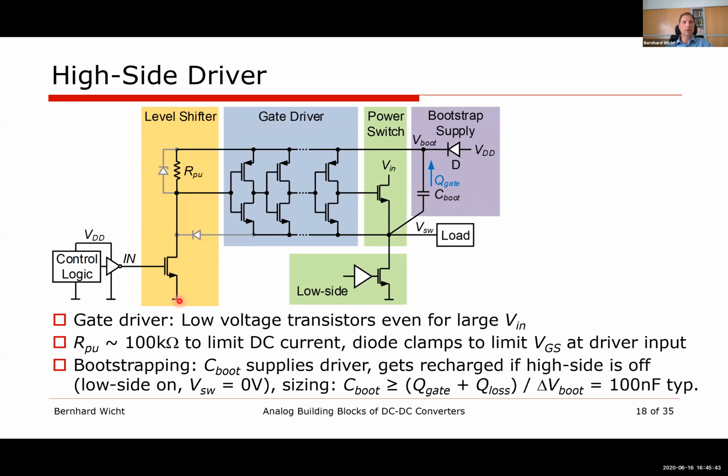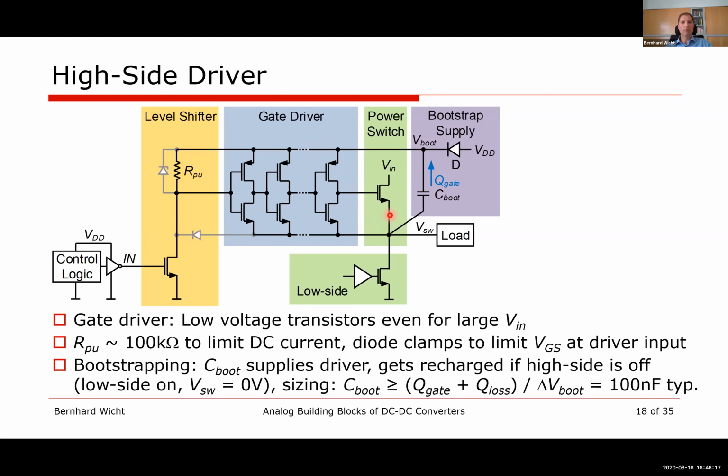It's an example of a resistor-based level shifter. If you turn on the device here at the bottom, then we get a voltage drop across the pull-up resistor, and our gate drive signal will be generated. The nice thing, and this is interesting, is that if we hook our whole gate driver with its ground to the switching node, then we can use low voltage devices for the gate driver, as the voltage drop is exactly the gate source voltage that we apply to our high side device.